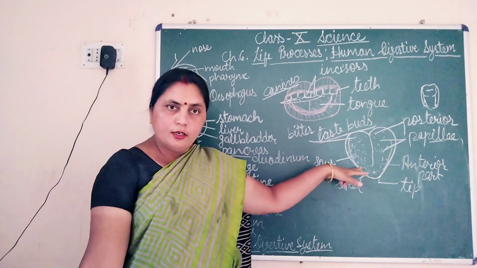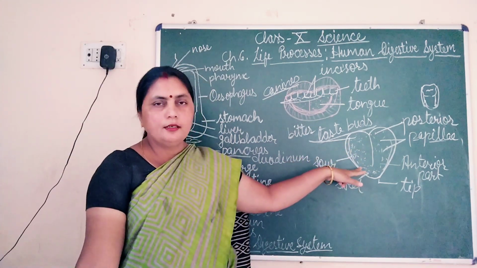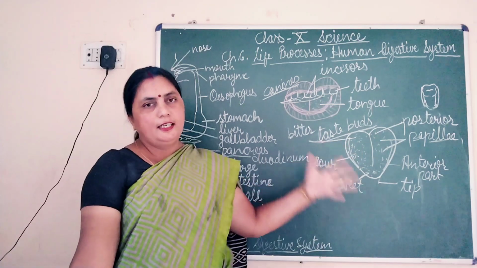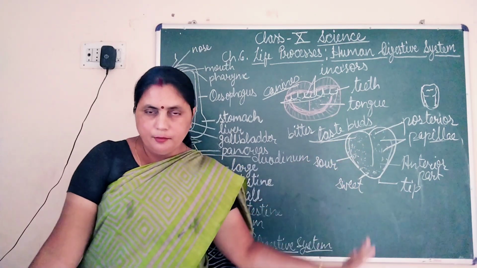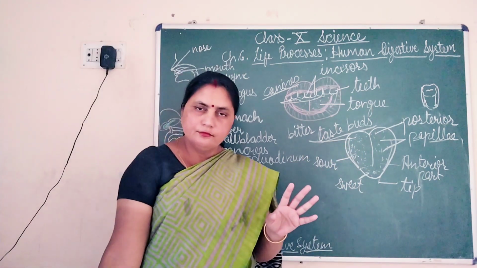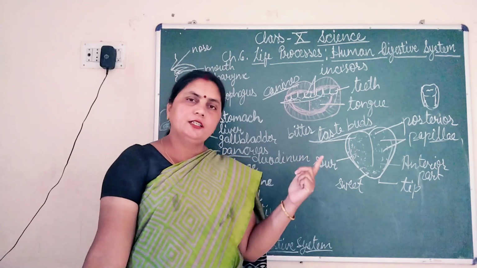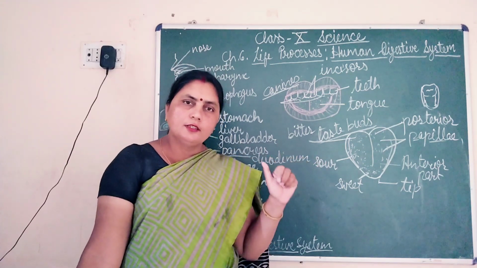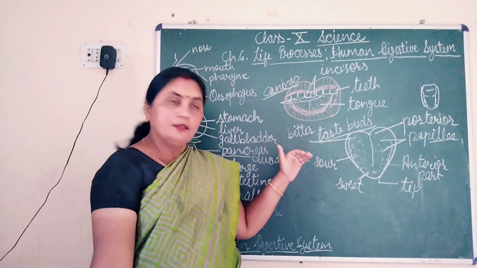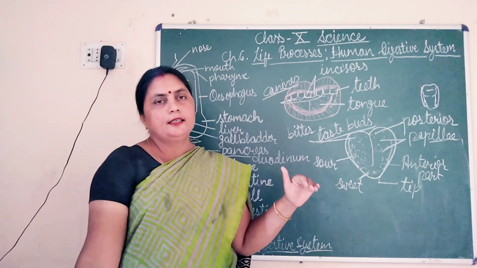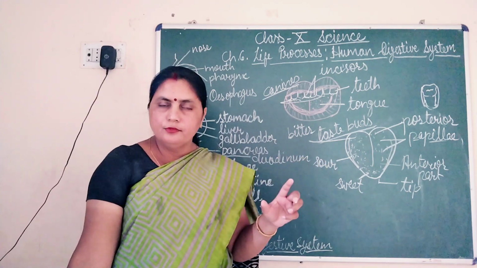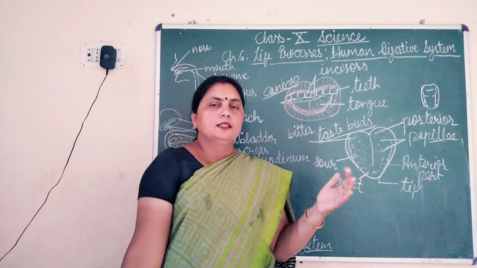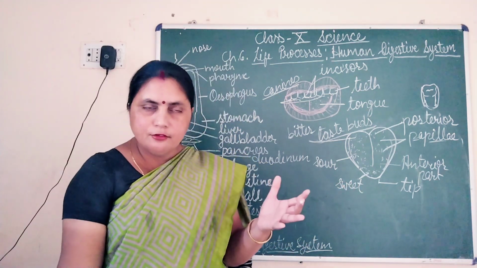Tongue is a muscular organ, a muscular structure stretched on the bottom of the buccal cavity. From the posterior part, it is fixed on the floor of the buccal cavity, and its anterior part is free to move. What is its function? It helps in chewing the food.